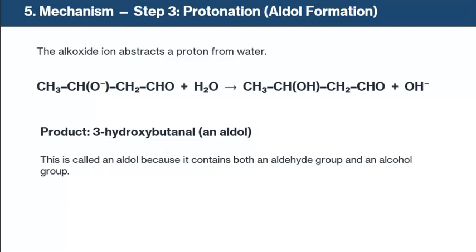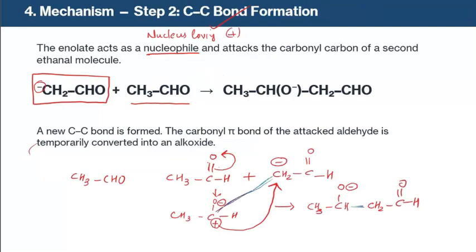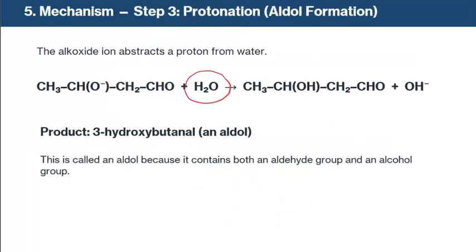The alkoxide ion abstracts a proton from water. It is ready to abstract a proton, because there is a minus charge here, and this minus charge can't form a double bond with this carbon. That is not a possible step, so it is ready to accept a proton.